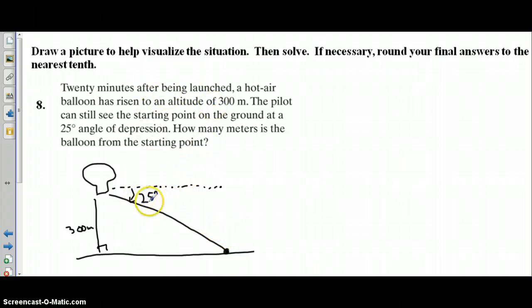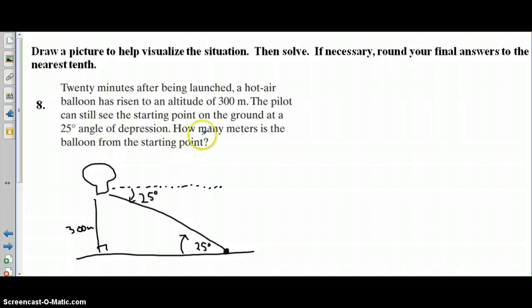Now, because this angle is outside of our triangle, we have to use parallel lines. So the pilot's line of sight and the ground are parallel. And so the angle of depression and the angle of elevation are alternate interior angles. And so we'd have a 25-degree angle for the angle of elevation.